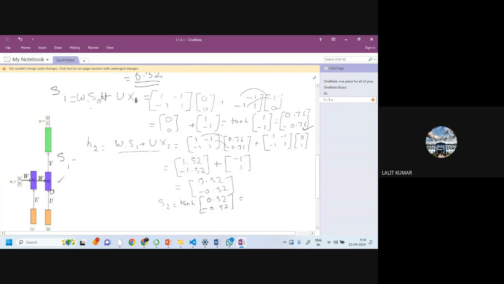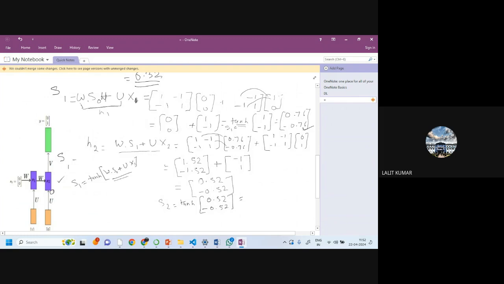H1 is W S0 plus U X1, which gives 1 and minus 1. After H1 we apply tanh and we get S1. So S1 is equal to tanh of H1, where H1 is W into S0 plus U into X1.